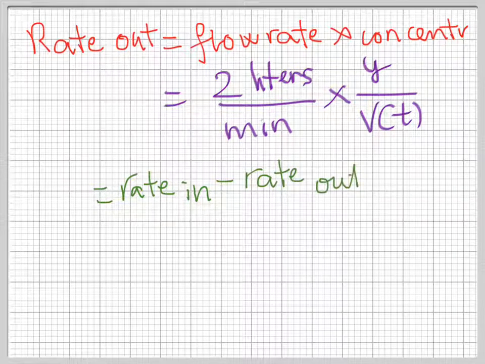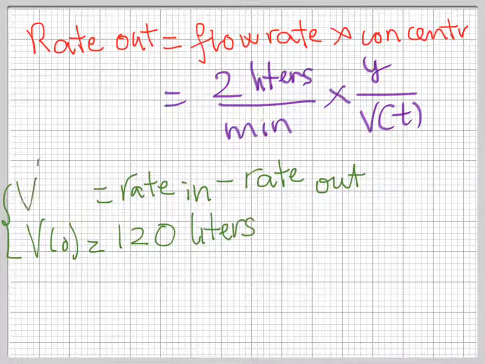And when we combine the rate in and rate out together, we will have the rate of change of the chemical substance equals rate in minus rate out, and then we have the initial value of the volume of the mixture, which is 120 liters.